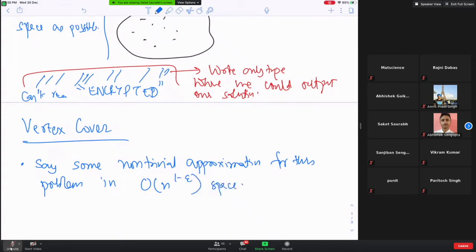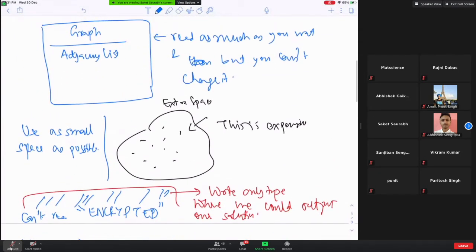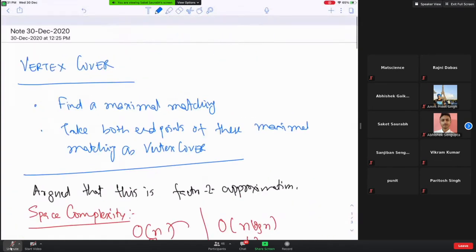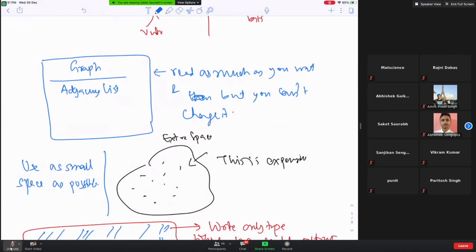I want you to take some non-trivial space and give me this algorithm. So can we implement this algorithm in space which is like n to the power 1 minus epsilon words, for example?